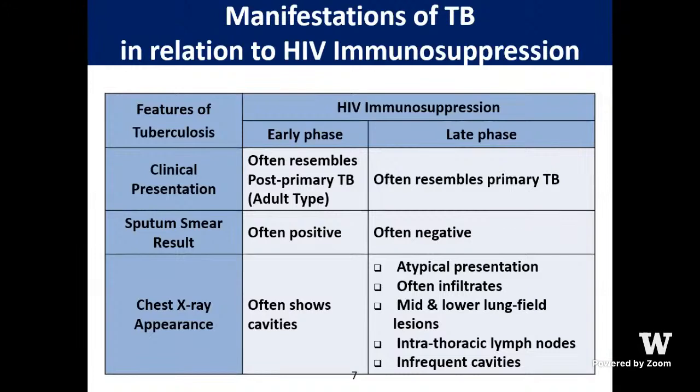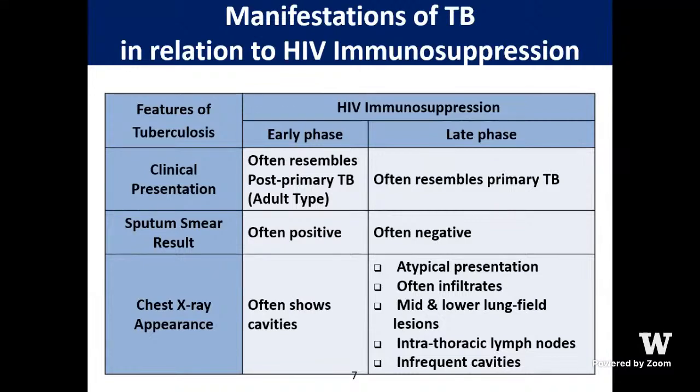When the late phase comes, there is a varied presentation, with more extrapulmonary and disseminated disease. Sputum smear in the early case is often positive and in the late case negative. The conventional sputum has only around 50% sensitivity, whereas GeneXpert and other molecular based tests have more than 80% sensitivity.